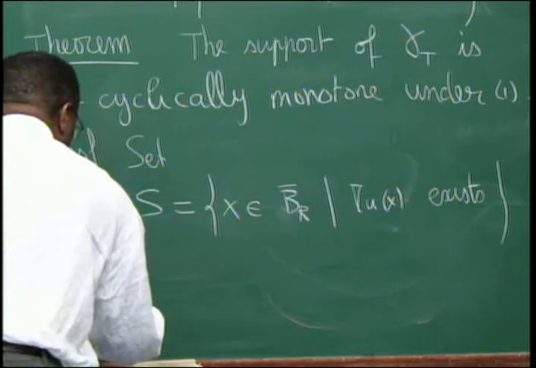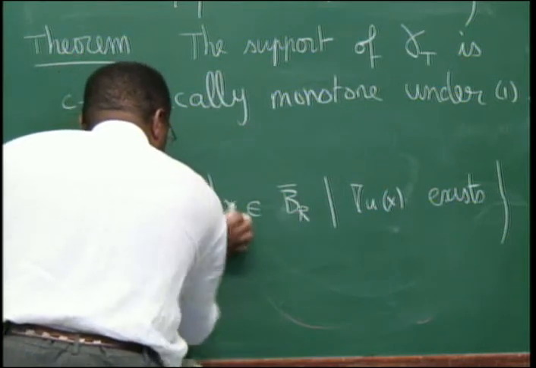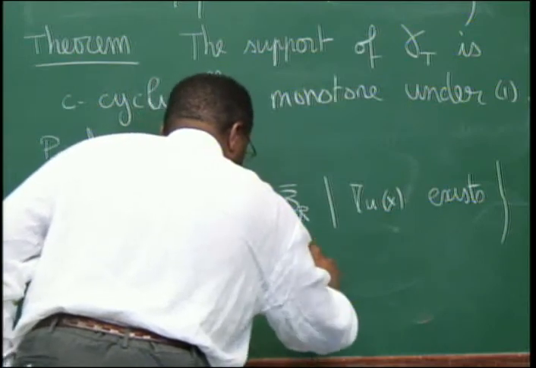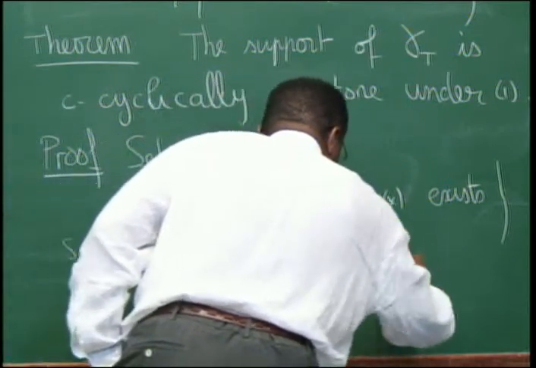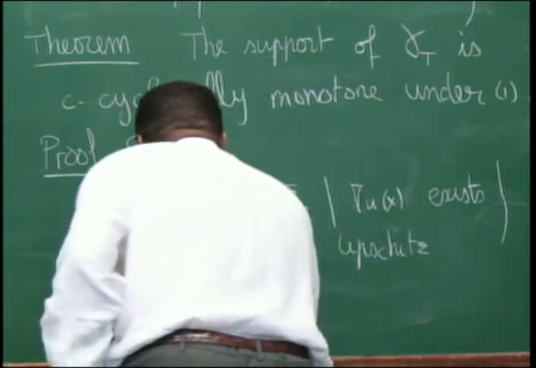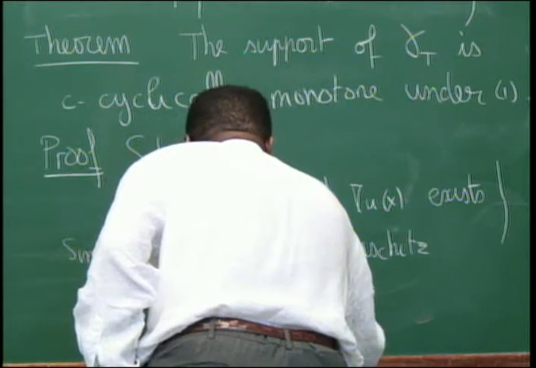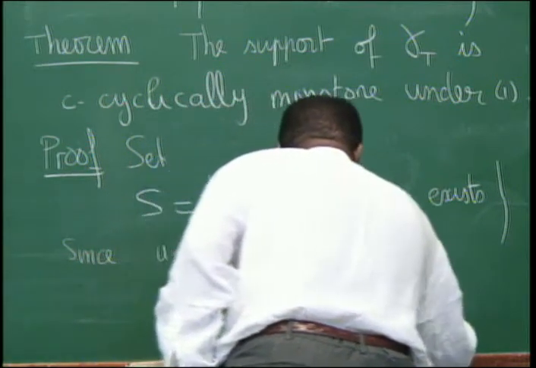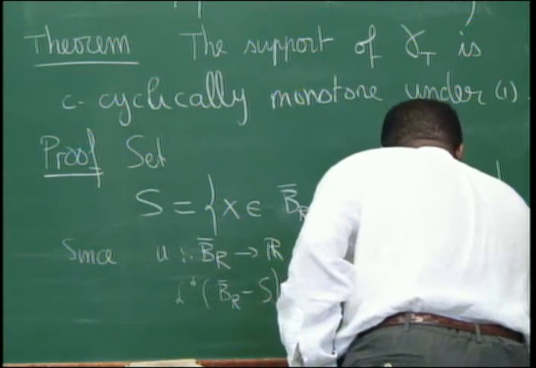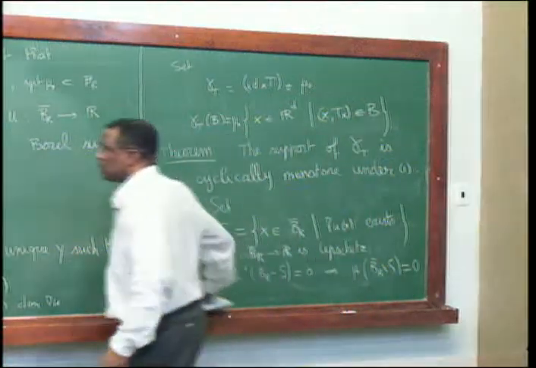So the Lebesgue measure of the ball minus S is zero, which implies that mu naught of the ball minus S is zero.